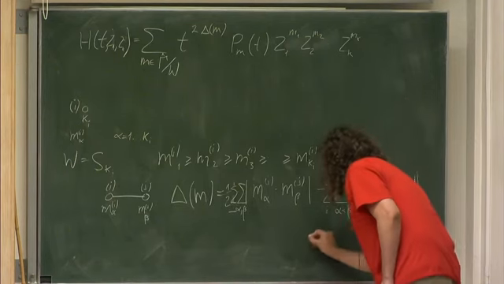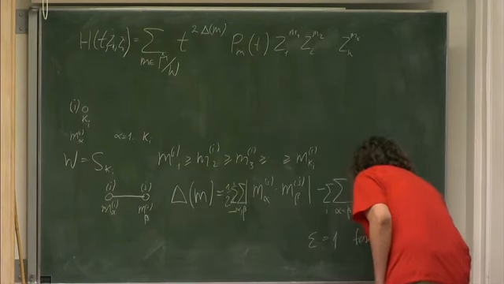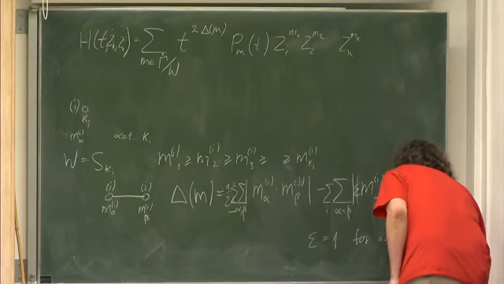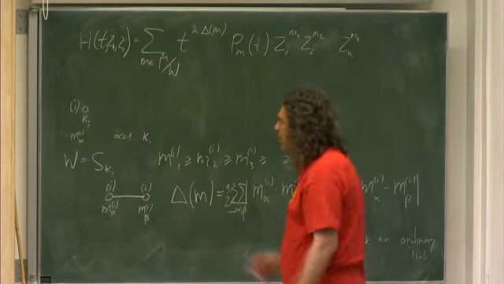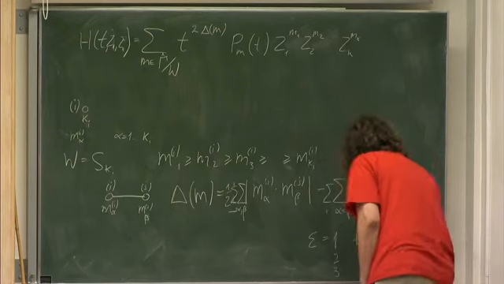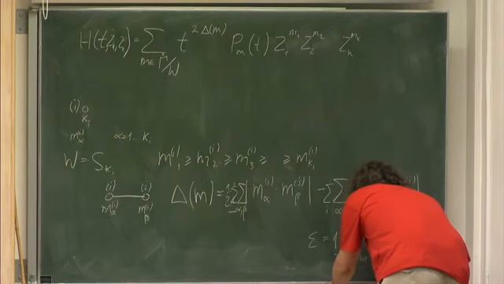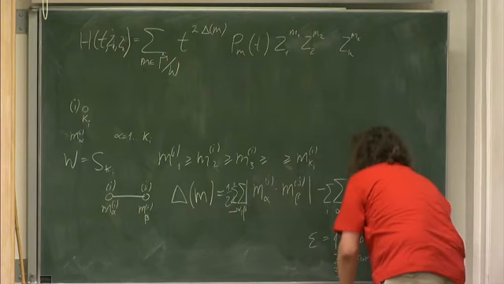And epsilon is equal to 1 for an ordinary line, or 2 or 3, depending on whether it's a factor of 2 or a factor of 3, for the long root, and the same thing over here.